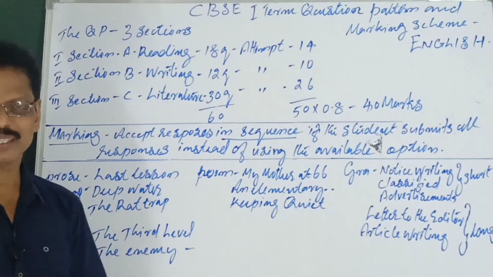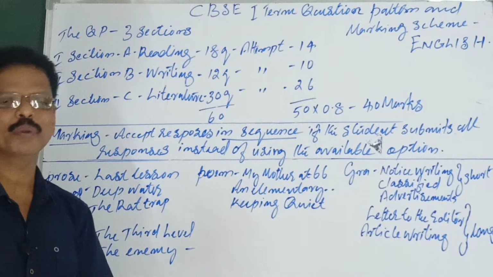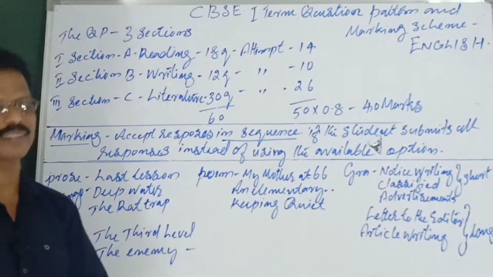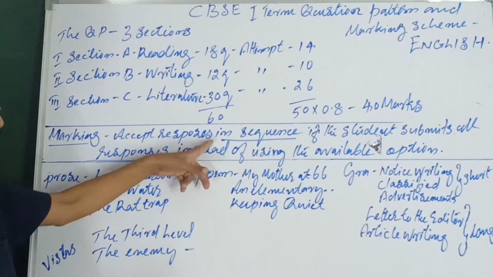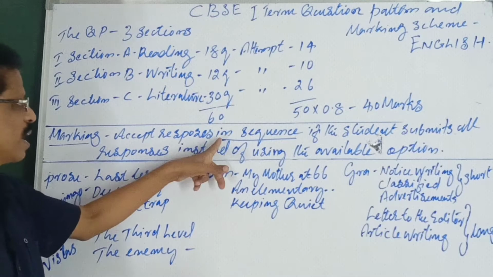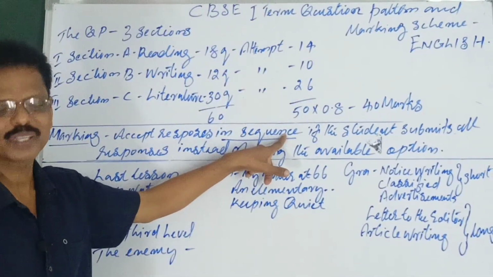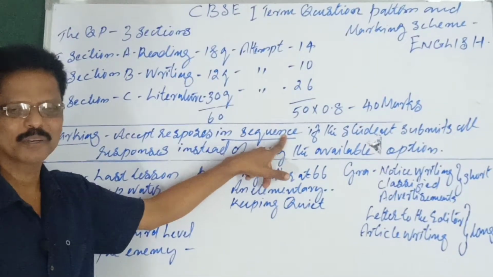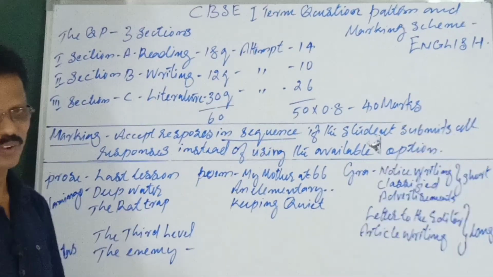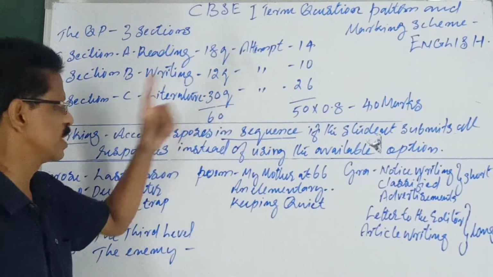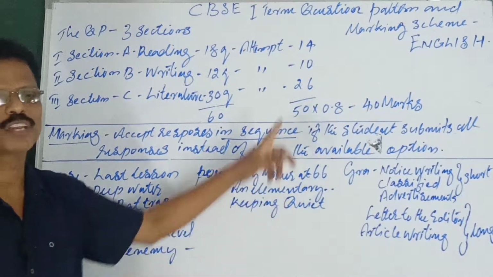If you are writing extra, whichever you are not sure of should come last, because marks will be added in sequence. Whatever is in the beginning will be given marks. So you need not write all 60 questions. You need to write only 50 questions.